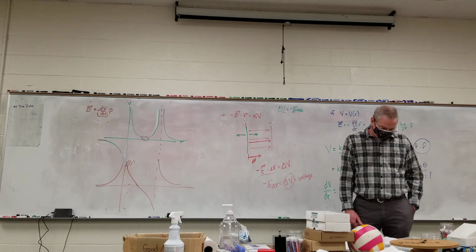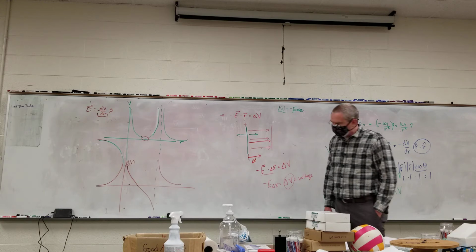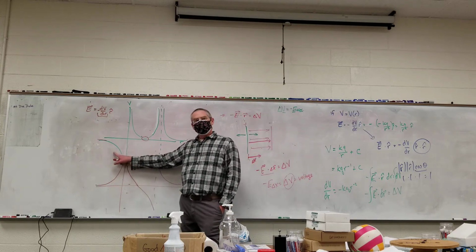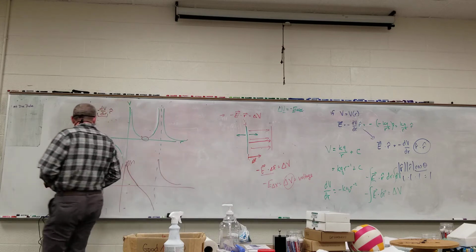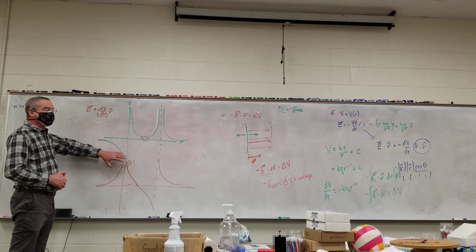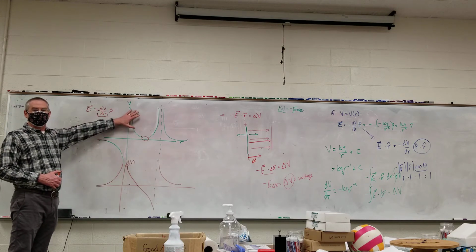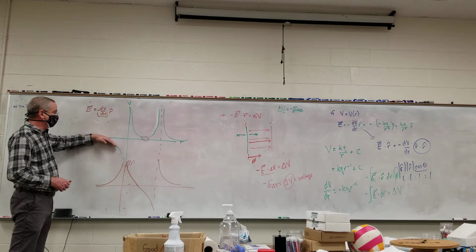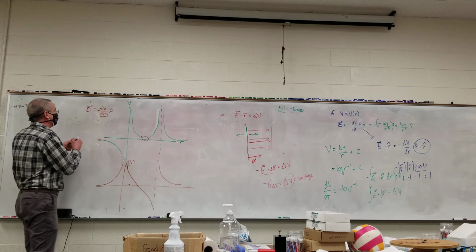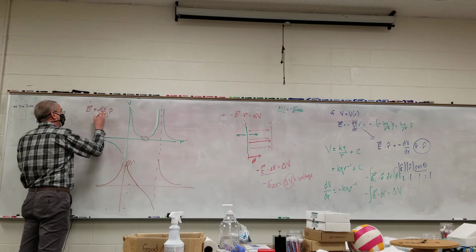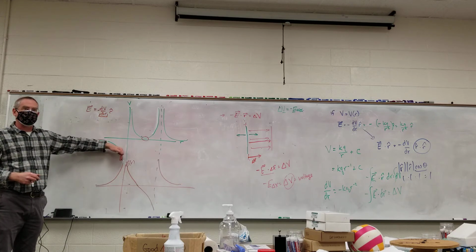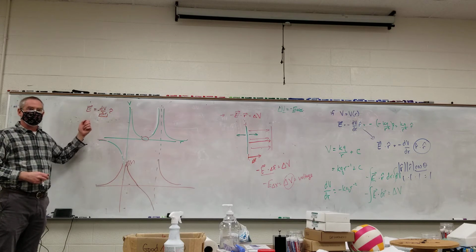Could you explain that again? Why is it on the far left side the inverse of the graph above, and then on the far right it's not? All right. My electric field is the negative slope of my potential graph. My slope here is negative the entire time, so my electric field is positive.